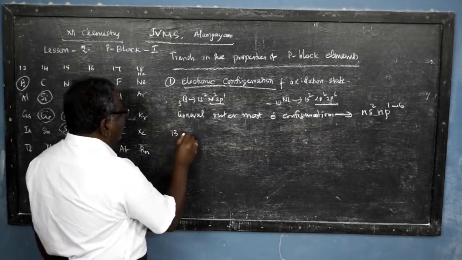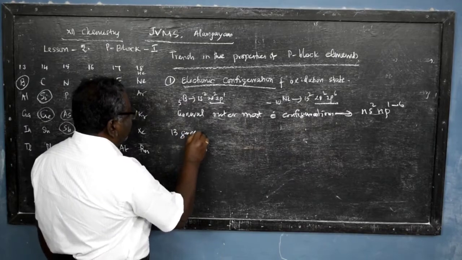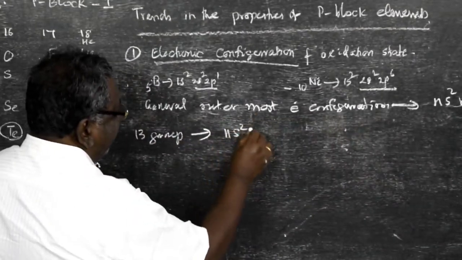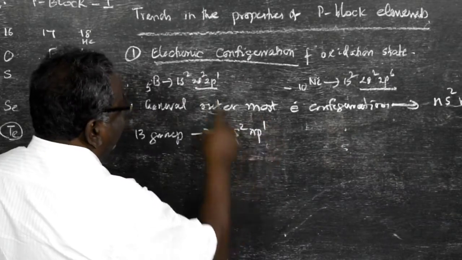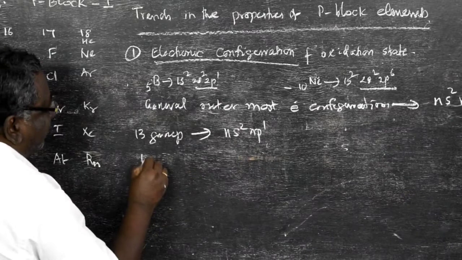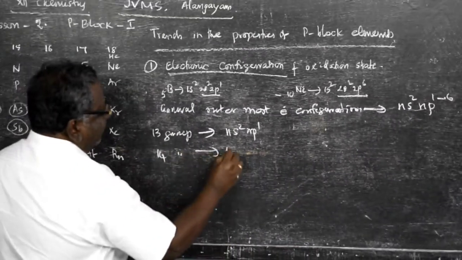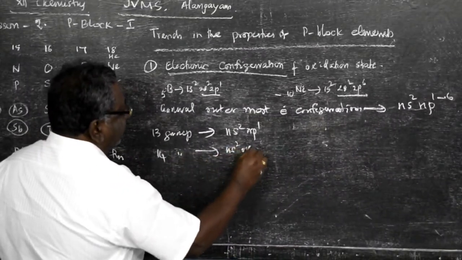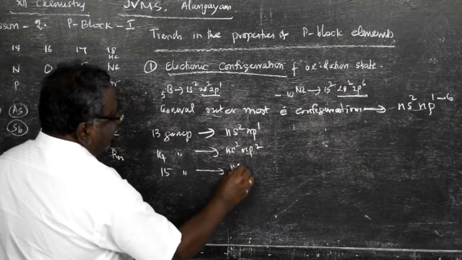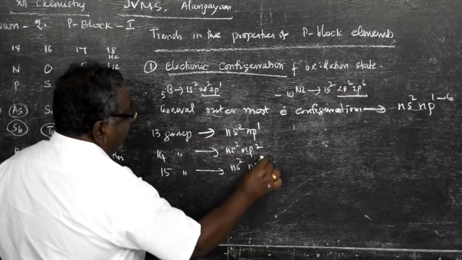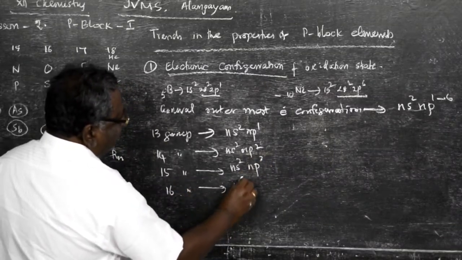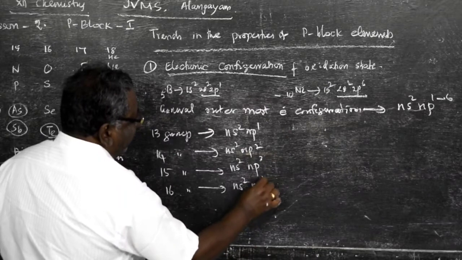If you want to write for the 13th group, what is the outermost electronic configuration? It will be ns2 np1. Right? They will have only 1 electron. If it is the 14th group, they will have ns2 np2. If it is the 15th group, they will have ns2 np3. If it is the 16th group, they will have the outermost as ns2 np4.